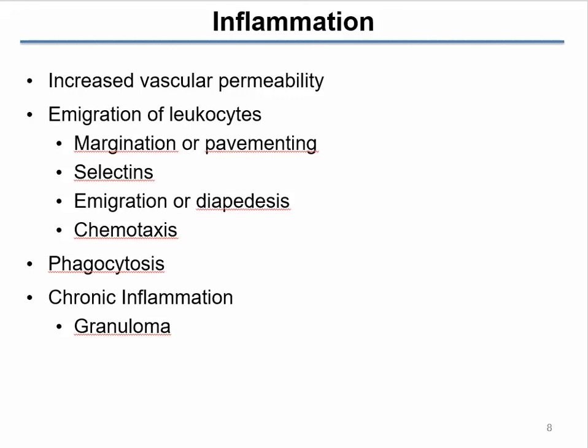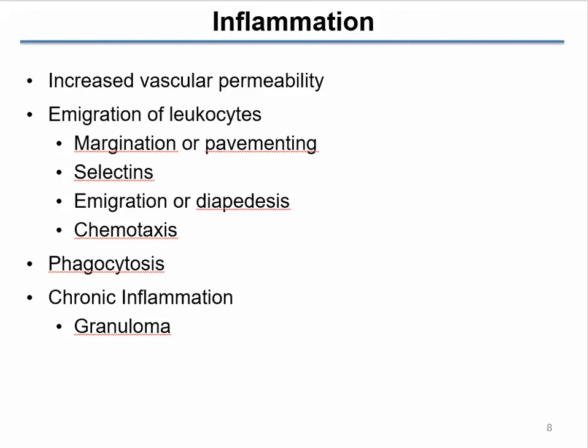Emigration is also a term used. The term diapedesis is actually going out of favor, and emigration is coming more into favor, but you'll hear both of them being said.